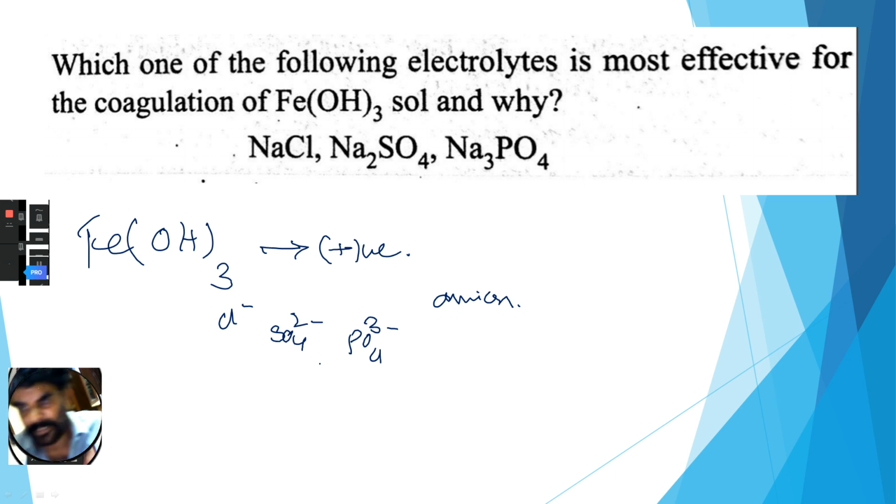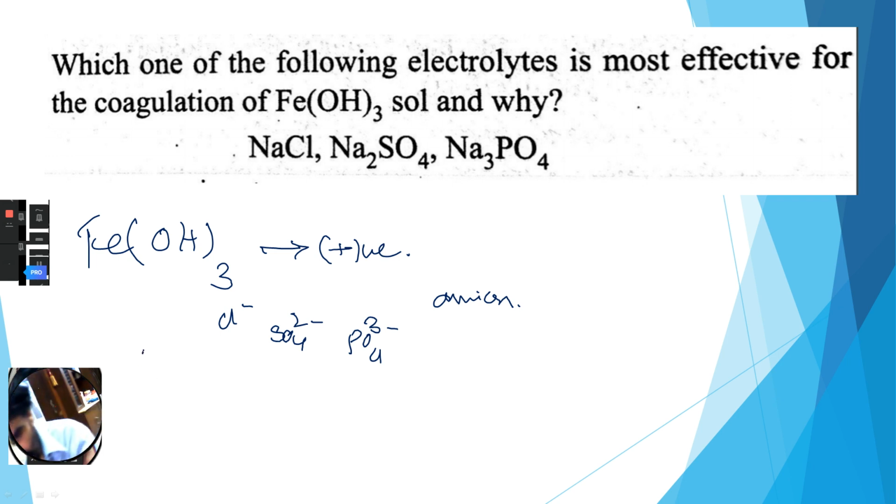The coagulating power, that is the effectiveness, depends on the Hardy-Schulze rule. As the charge on the anion increases, the effectiveness of coagulation increases. Among the three, the more effective coagulating agent is the electrolyte where the valency of the anion is more.